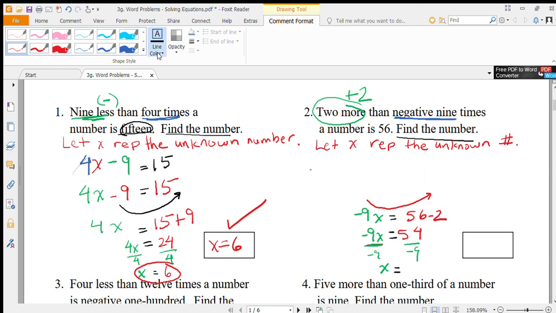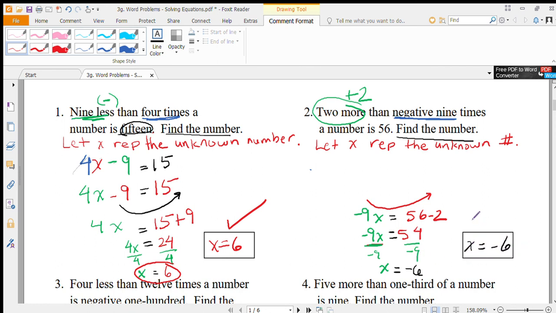That's right, sorry, my computer's glitching. 6. Why is it? Okay, sorry. Negative 6, positive and negative, right? So x equals negative 6.